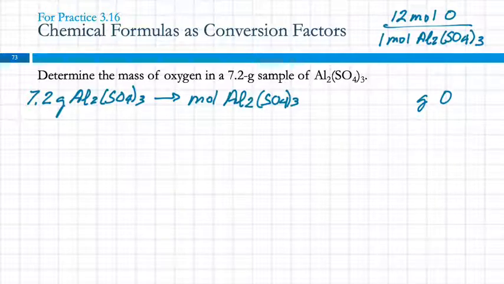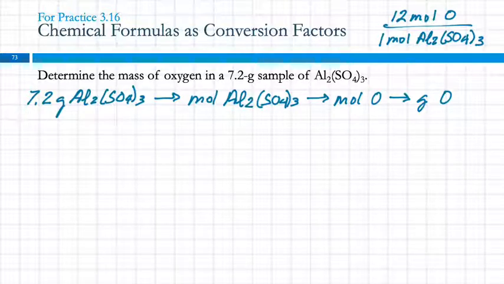And from the formula, I can convert moles of compound to moles of the element. And then using the molar mass of the element, I can go to grams of the element. Any questions about how I got the path? That's the hard part.